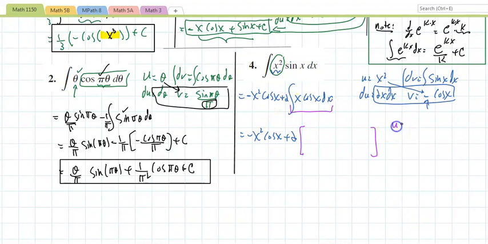I'm going to let u equal x. du is dx. dv will be the leftover. And if I integrate, I'll get v to be the sine of x. So this integral is going to give u times v minus the integral of v du.